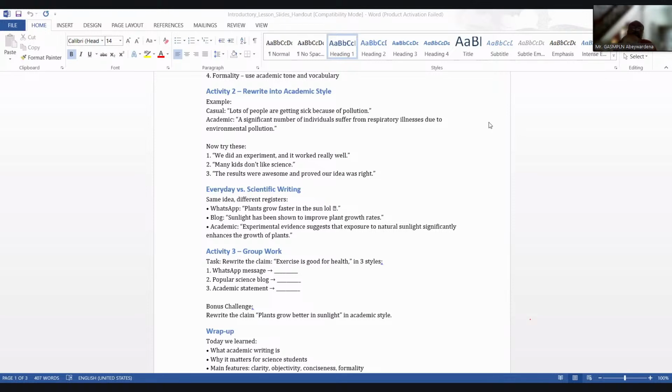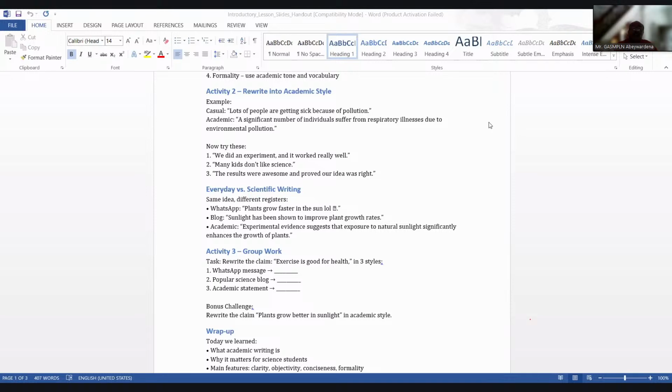The experiment that was conducted worked really well. Right? The experiment that was conducted worked really well. Did you understand? The experiment that was conducted worked really well.